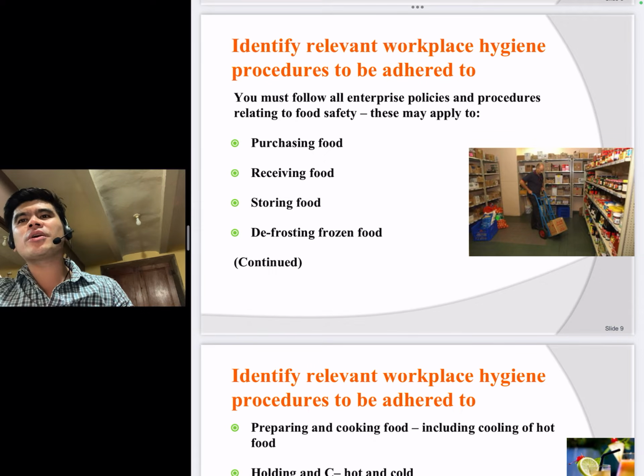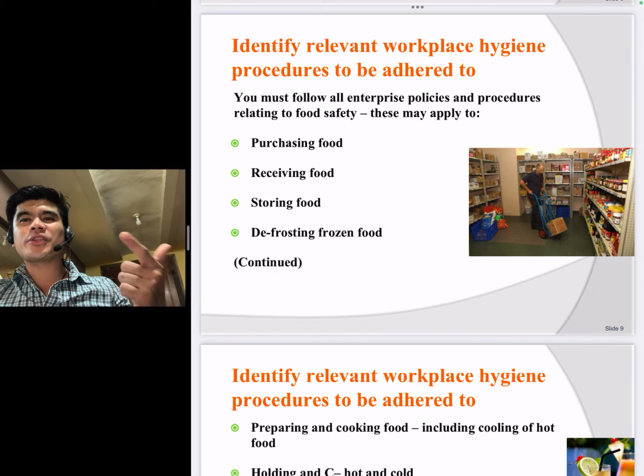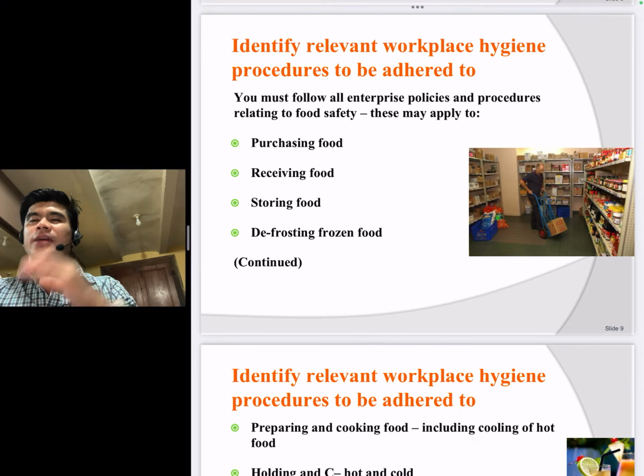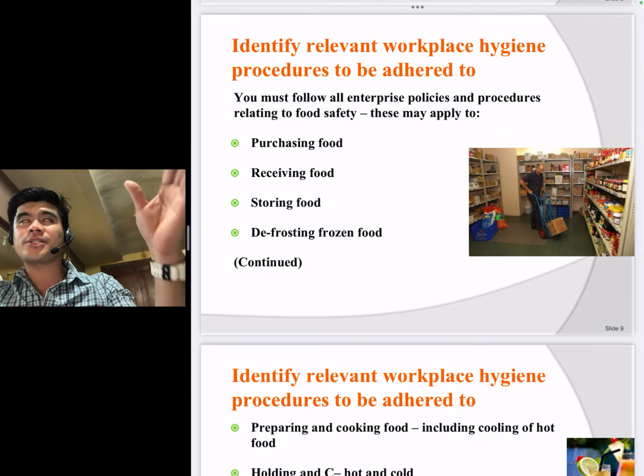You must follow all enterprise policies and procedures relating to food safety in purchasing the food. Whenever you're going to purchase and receive the food, as I have told you earlier, there's a particular temperature that you have to follow. You have a checklist that you're going to check. Oh, I'm receiving the egg.